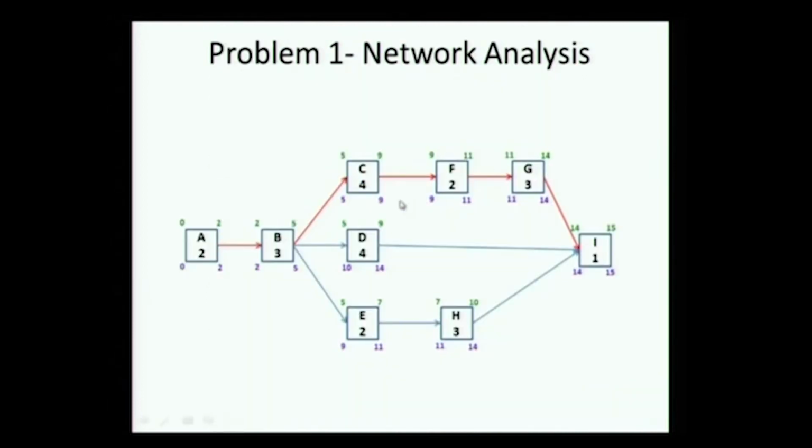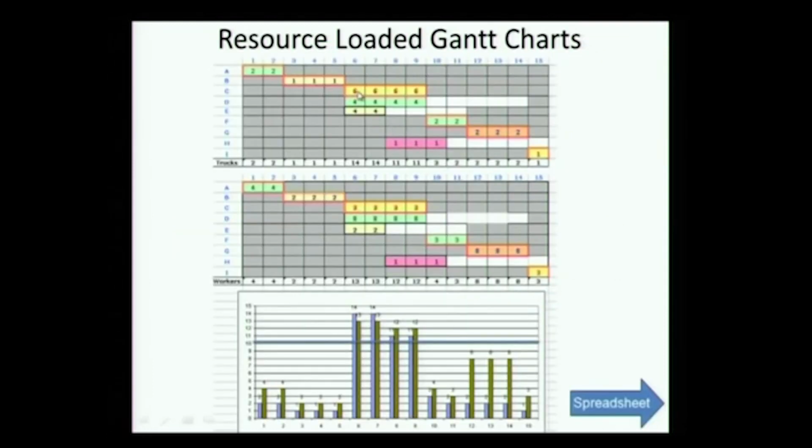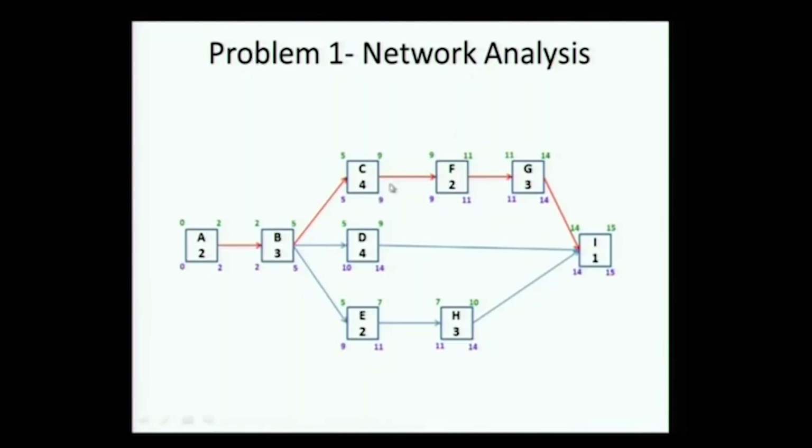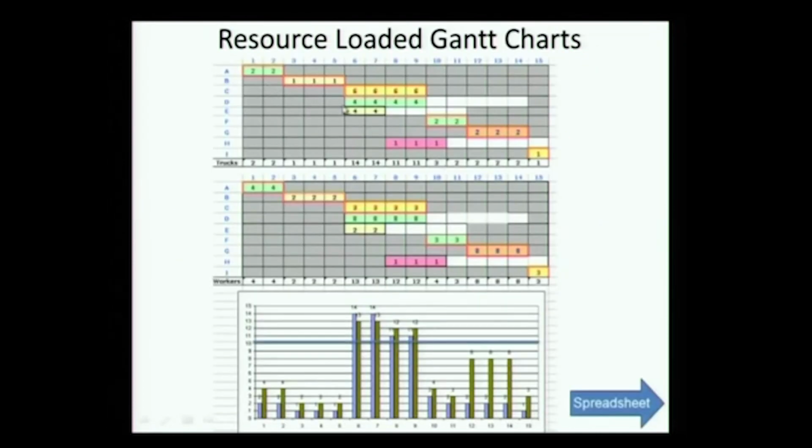Let us understand the network. We have seen the CFG, so we have C, F and G. Sorry, CFG is the critical path, so you will find that C is highlighted in red. A, B, C, F and G cannot be moved.